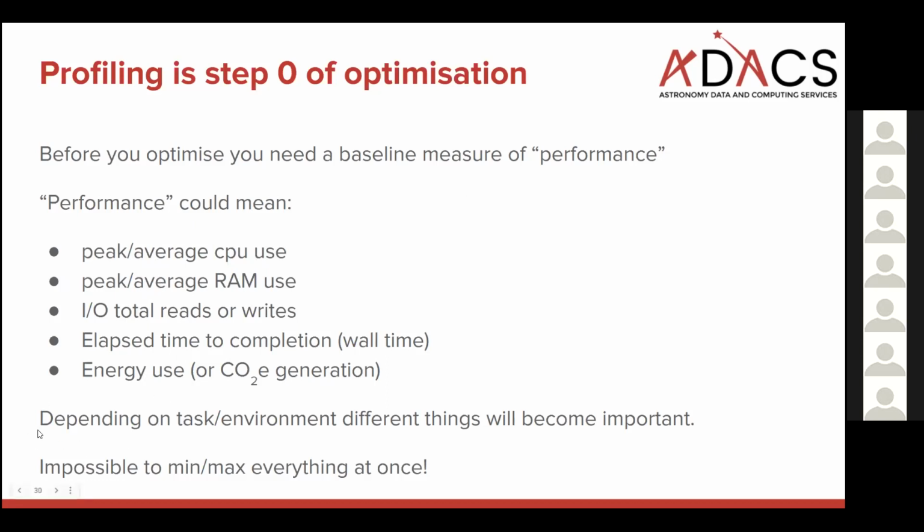And this totally depends on whatever task you're performing and the environment, and how many resources are available. Depending on your system, you'll usually have a RAM and disk storage cap that is not negotiable. Your time to completion, your wall time, is usually also not negotiable, but hopefully it's fairly long.